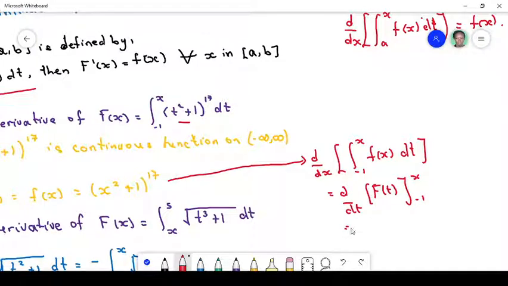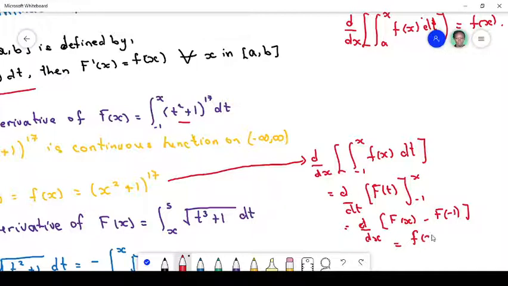If you simplify, you have the derivative with respect to x of F of x minus F of -1. And this will give you f of x.